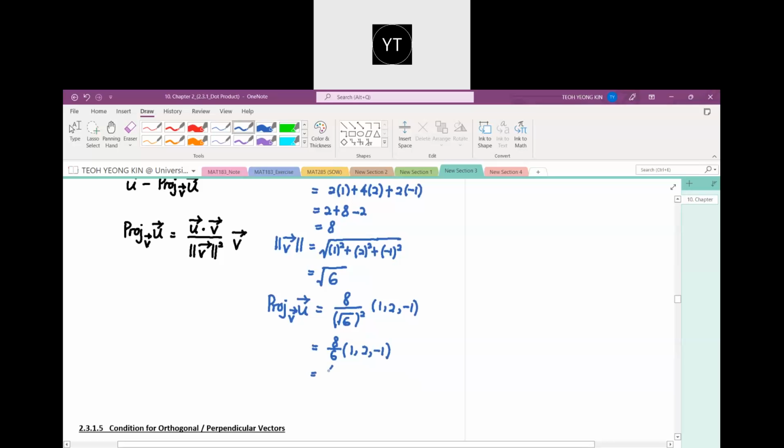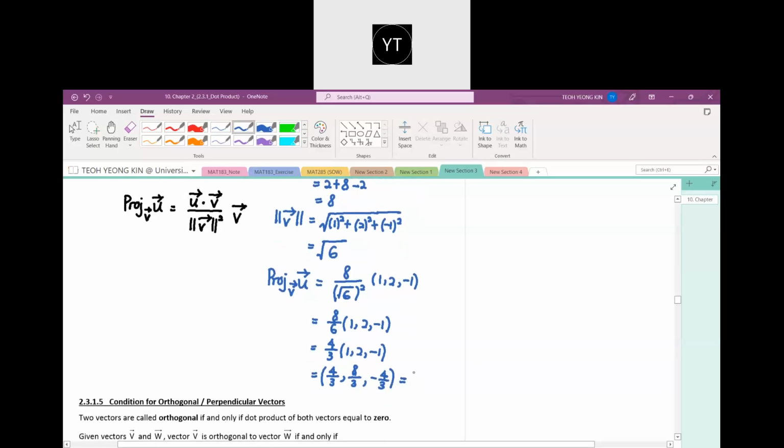So here we have 4 over 3 times (1, 2, -1). We can write this in the form of (4/3, 8/3, -4/3). Or you can write in the form of i, j, and k, which is 4/3 i plus 8/3 j minus 4/3 k. So this is the projection.